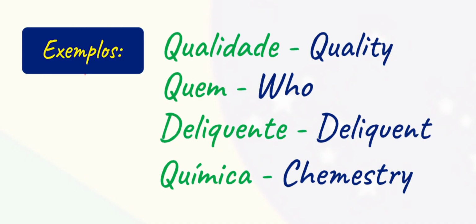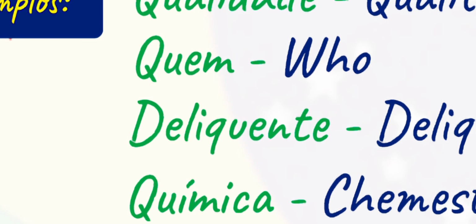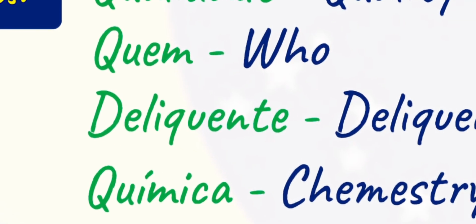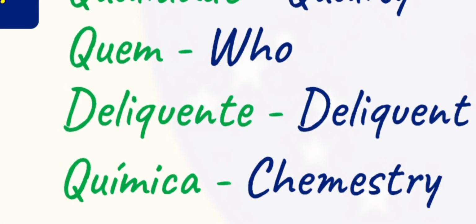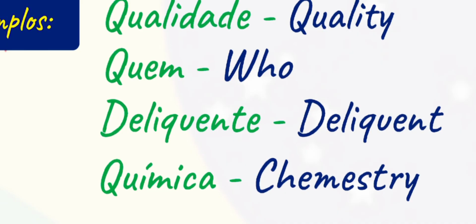We have the word delinquente. That's one of the rare examples of the que pronounced like a que. So delinquente should have had an N here. Forgive me, it's delinquente, not delinquente. There's an N here. I forgot to put it. Sorry about that. But we have delinquente, that's like delinquent.